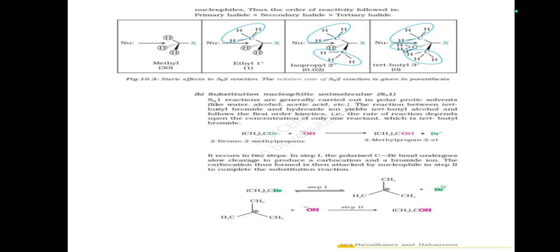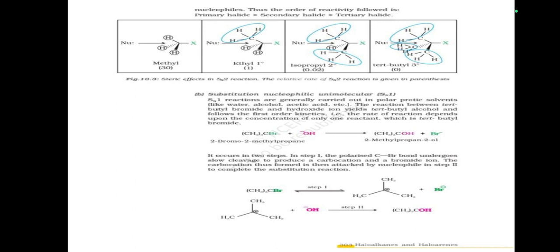Substitution nucleophilic unimolecular, SN1 reactions, are generally carried out in polar protic solvents like water, alcohol, acetic acid, etc. The reaction between tertiary butyl bromide and hydroxide ion gives tertiary butyl alcohol and follows first order kinetics, that is, the rate of reaction depends upon the concentration of only one reactant, which is tertiary butyl bromide.